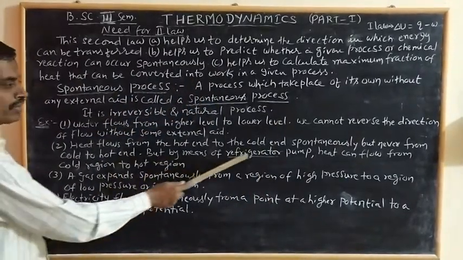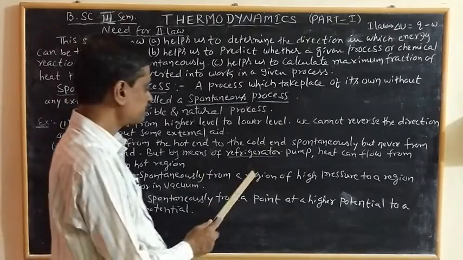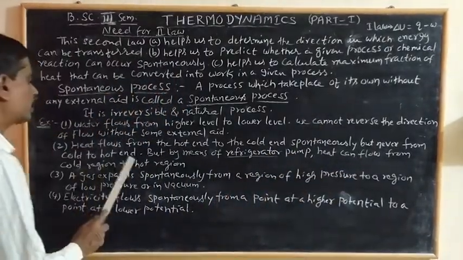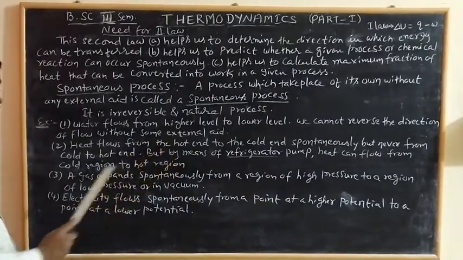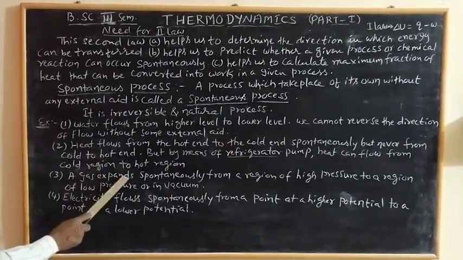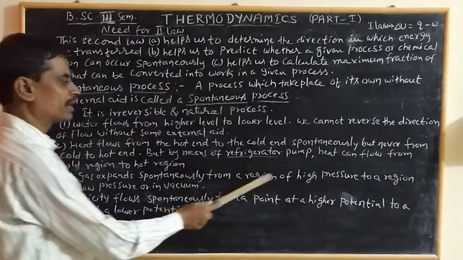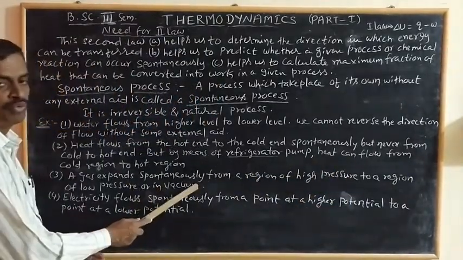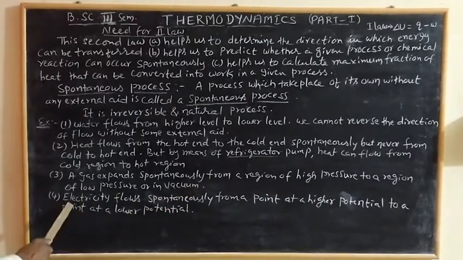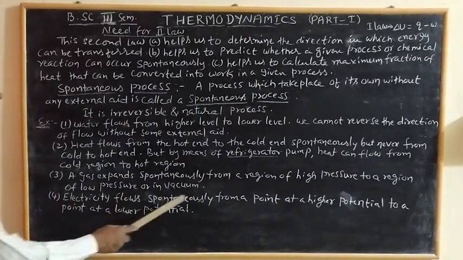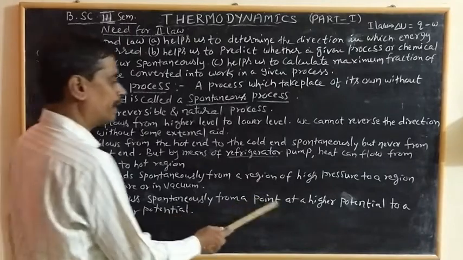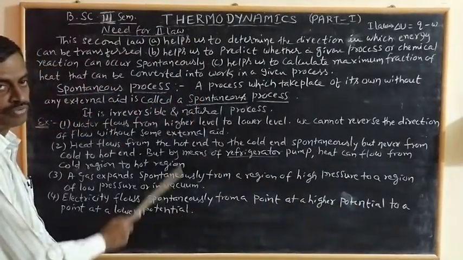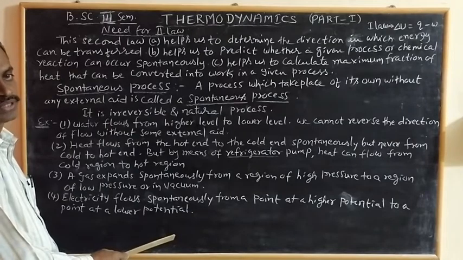But by means of a refrigerator pump, heat can flow from the cold region to the hot region. Third, a gas always expands spontaneously from a region of high pressure to a region of low pressure or in vacuum. Fourth, electricity flows spontaneously from a point at a higher potential to a point at a lower potential. Out of these 4, you can write any one in the examination as an example.